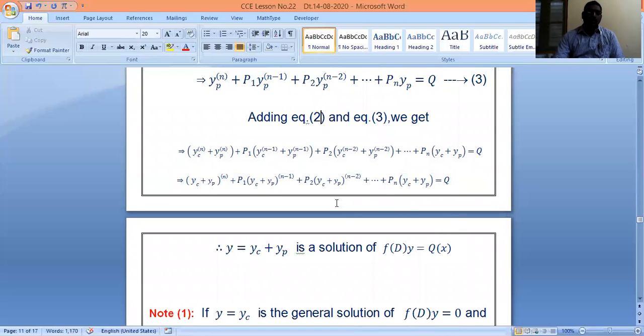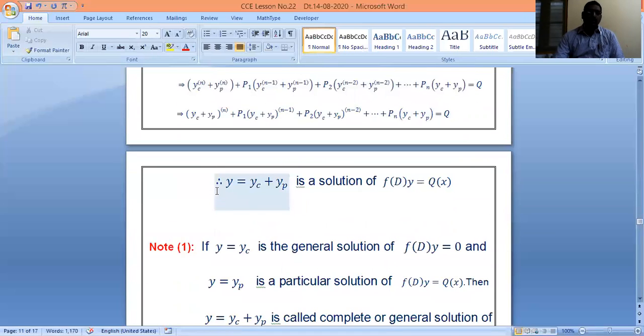That implies the equation satisfies yc plus yp. Therefore, y is equal to yc plus yp is a solution of f of D into y is equal to q of x.